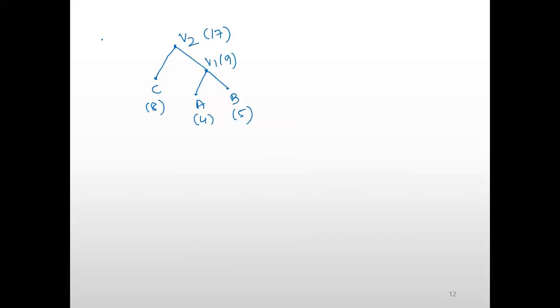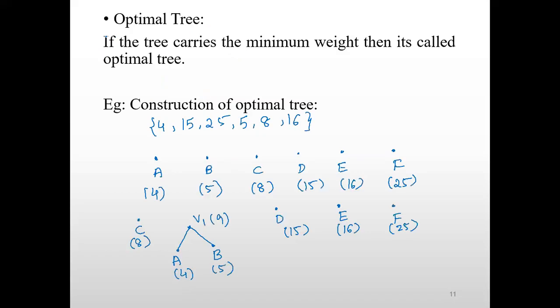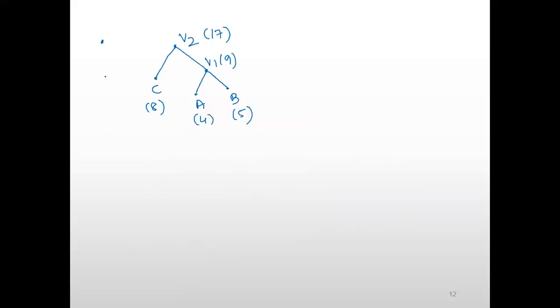So here we have D, which is 15. And next we have E, that is 16, then 17. And finally we have F, that is 25. Now again it is in order. The weights are 15, 16, 17, 25.